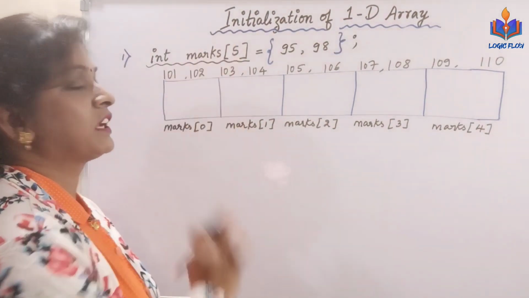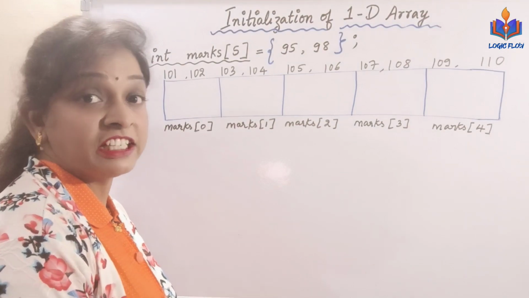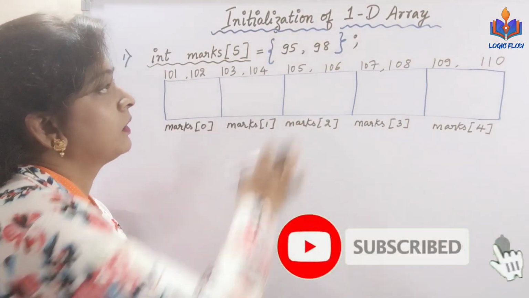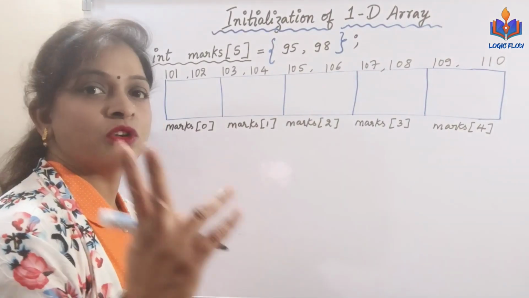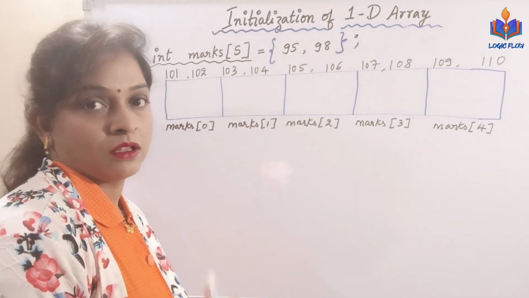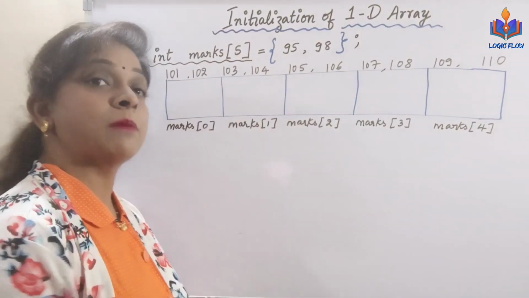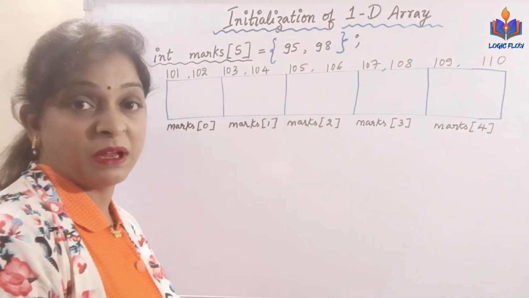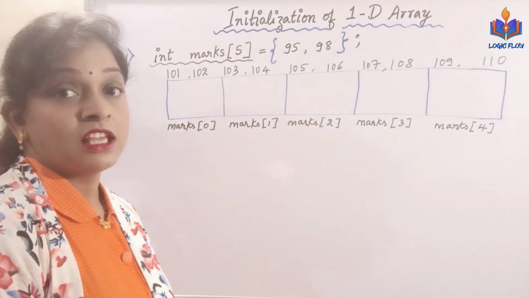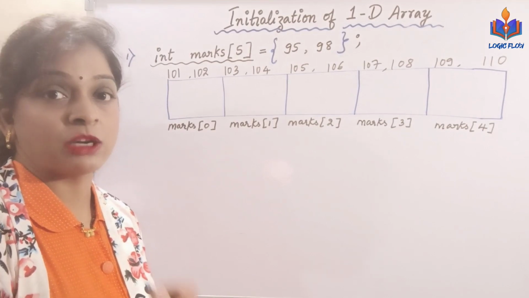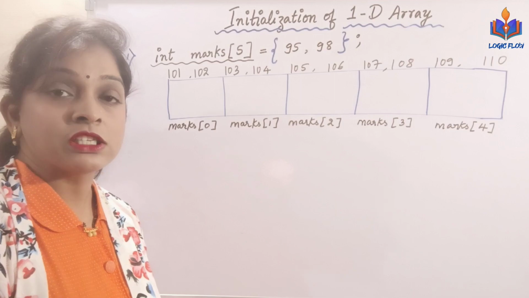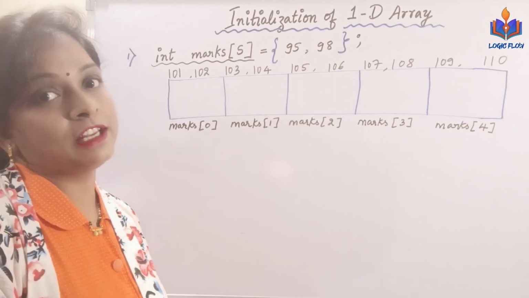Here we have declared an array of integer type, marks of 5. But in the initialization, just observe, we have initialized only 2 values. The array says it can store a maximum of 5 values. As I said in the previous class, whenever we declare an array with some dimension, we don't have to use it completely.